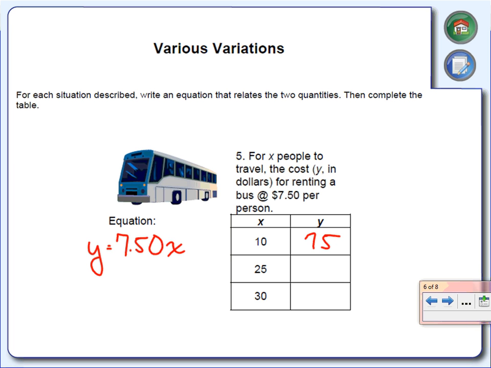What if 25 people go? 25 times 7.50 is 187.5, or $187.50. What if 30 people go? 225. So this is what it's going to cost if we have 10 people going, 25 people going, and 30 people going. And we can find these values by using the equation y equals 7.50x.